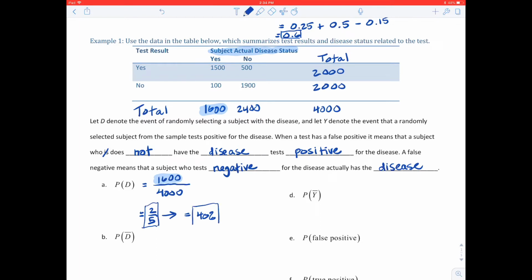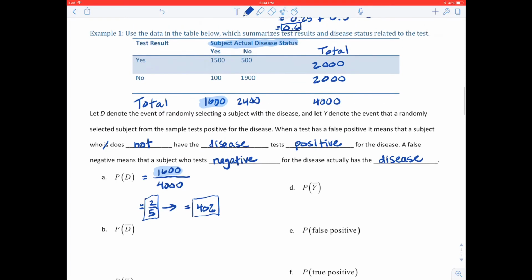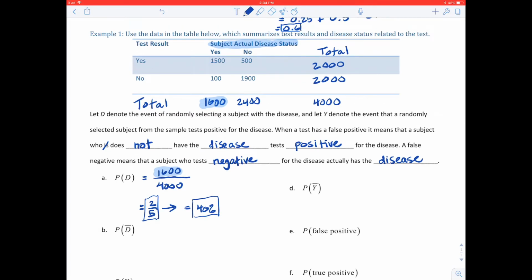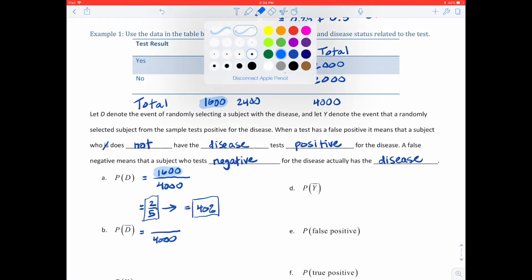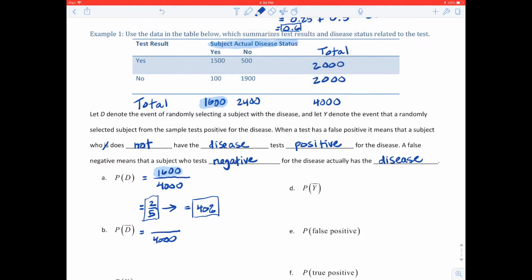Good so far? All right, so what is the probability that a person from the study does not have the disease? Well, we're still going to be dealing with that same denominator of 4,000, because we're looking at everyone in the study. And people that do not have the disease are these folks here, right?